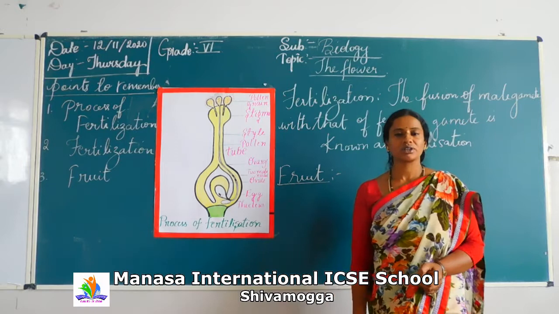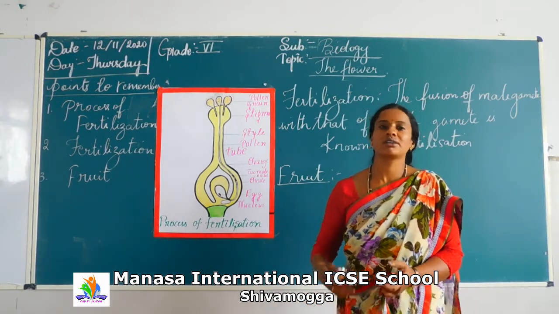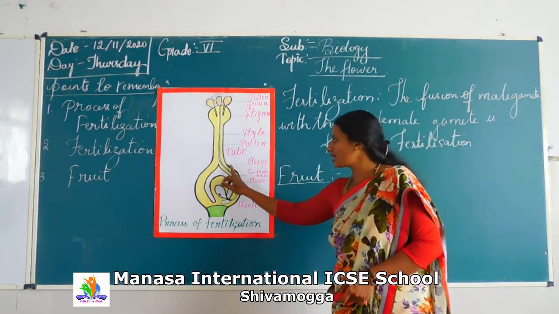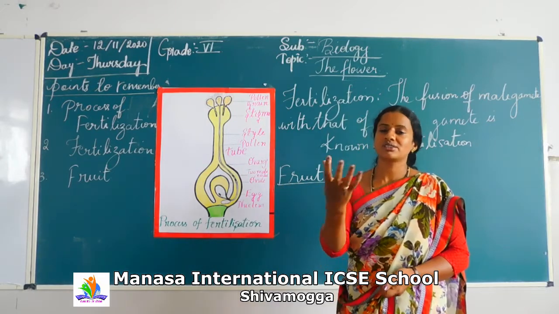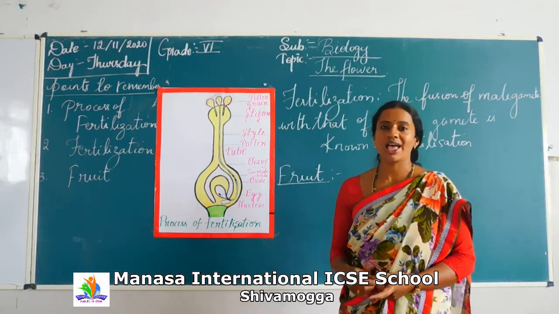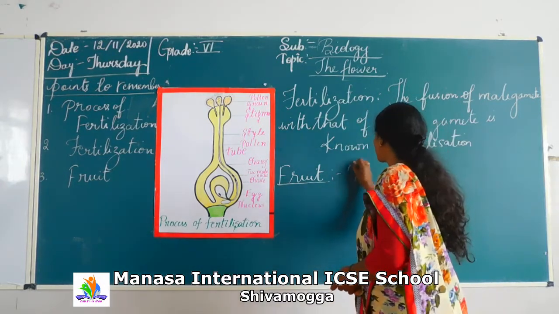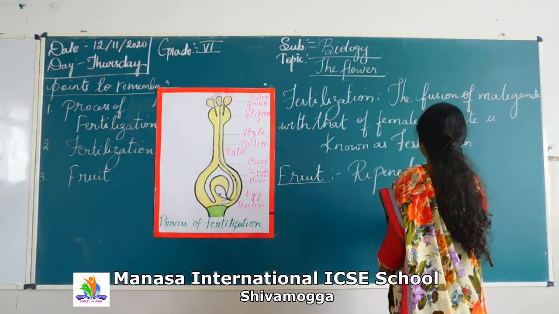Next, what is a fruit? We eat different fruits: apple, mango, banana, pear, guava, strawberry, etc. Fruit is nothing but the ripened ovary. Once the ovary is developed, it develops into the fleshy part, and that is what we call a fruit.